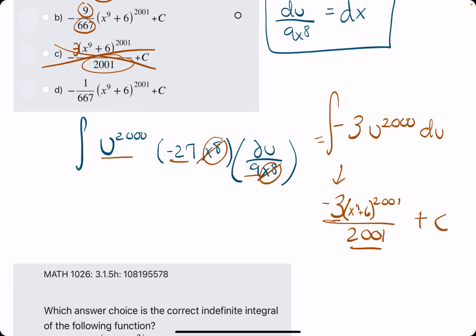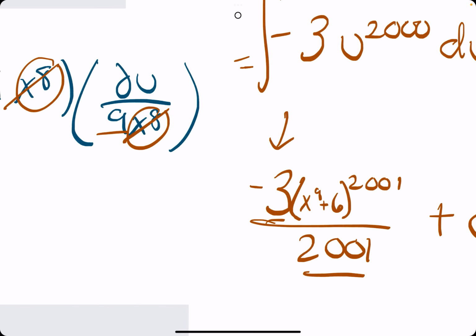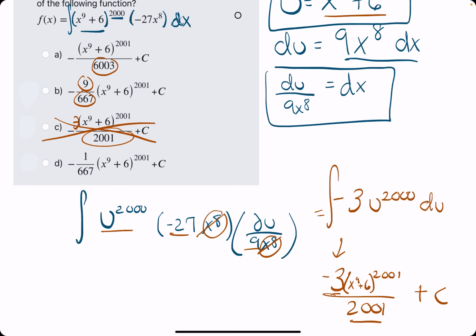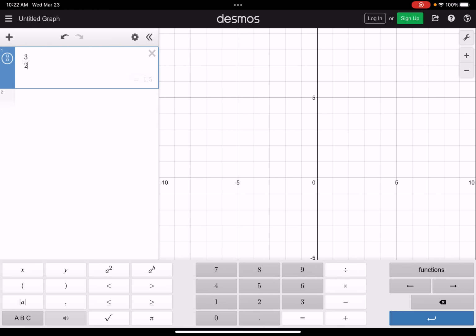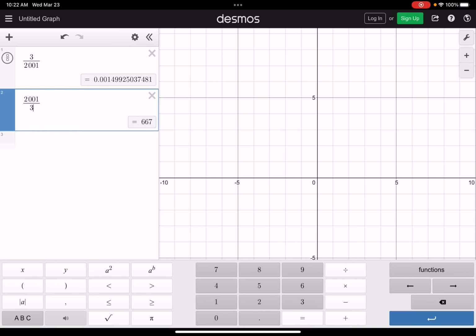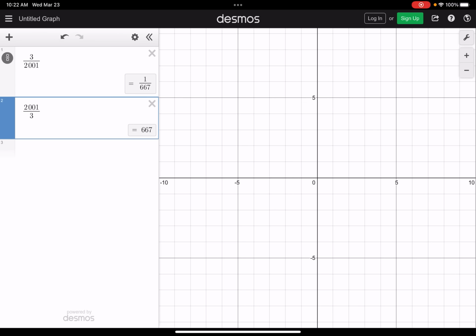So let's see what happens if we divide the top and bottom by 3, because I think we see a potential answer, but we just want to confirm. So 3 over 2001, if we divide each of these by 3, the 3 by 3 we get 1, and then 2001 divided by 3 we get 667, right? So really the reduced form of 3 over 2001 we see here is 1 over 667.